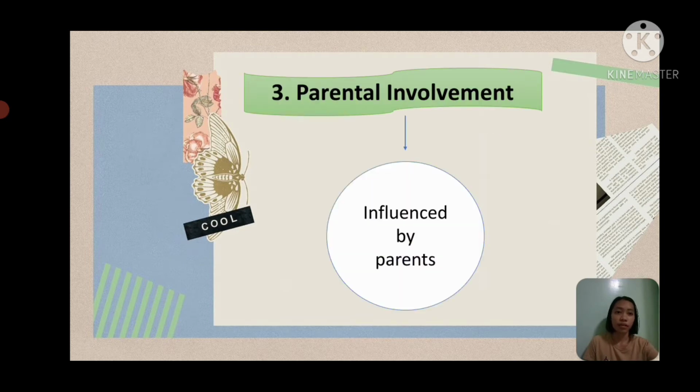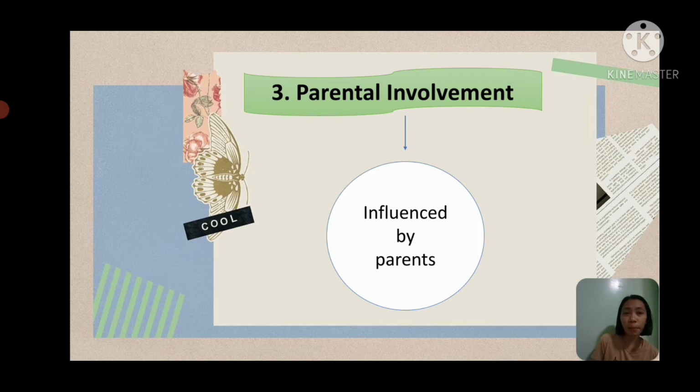Let's proceed to parental involvement. It is influenced by parents or those older than the child, on the way they discipline the child, whether good or bad.